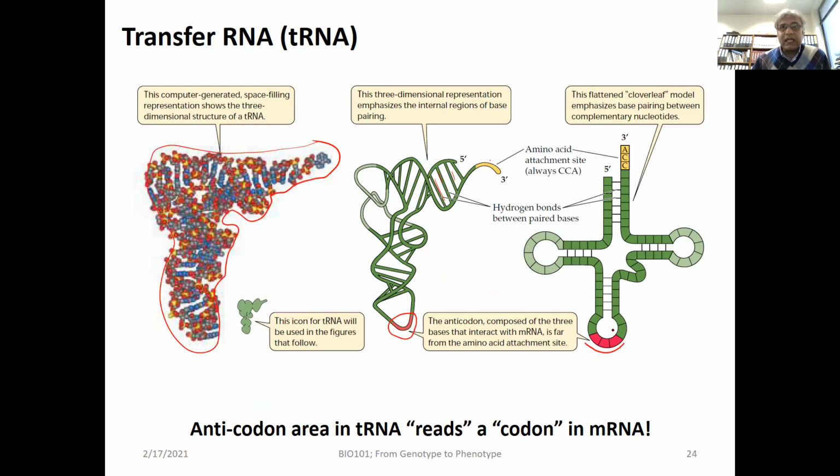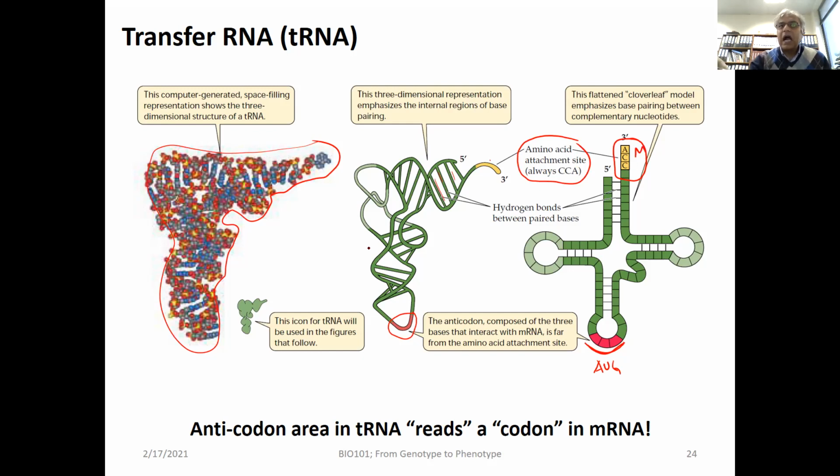So this tRNA anticodon will recognize a specific messenger RNA sequence. And on the other side will be the place where a specific amino acid attaches. Let's say this is the anticodon for AUG. On this side, you will have methionine attached, for example.